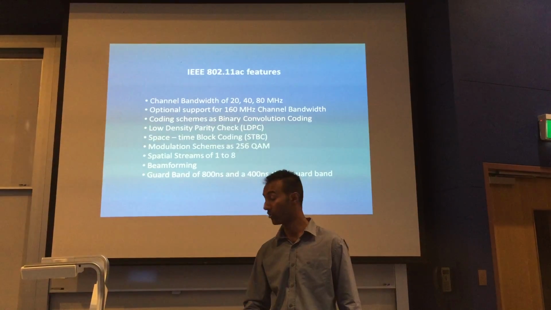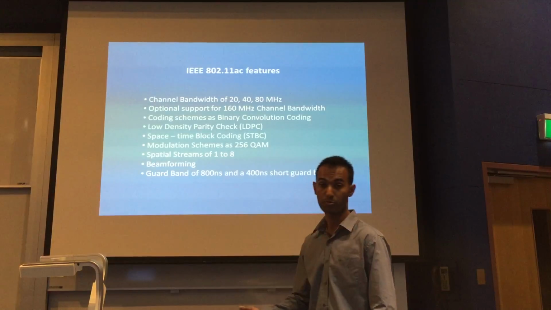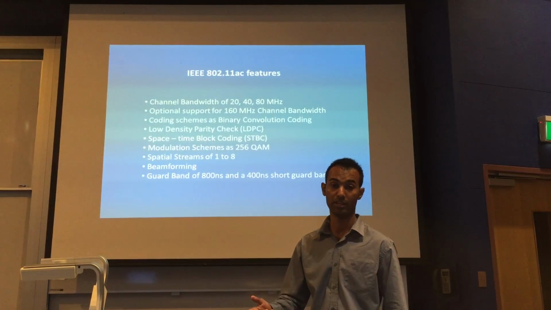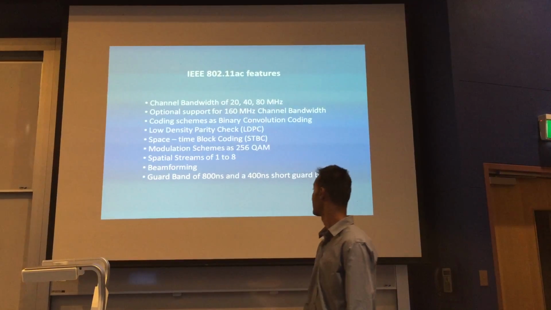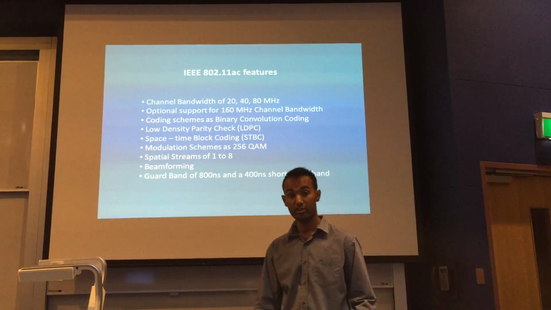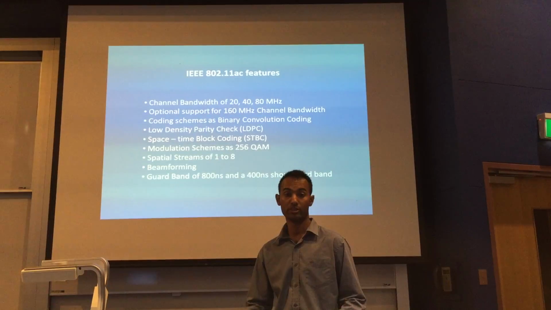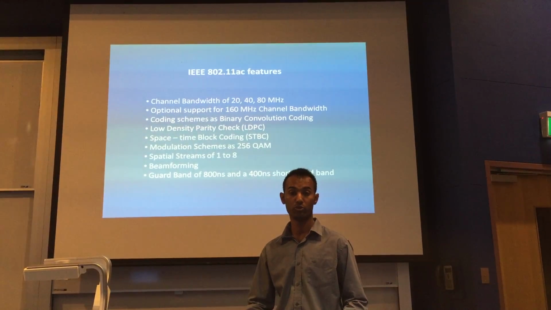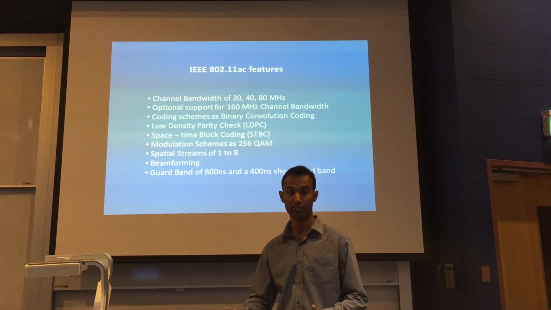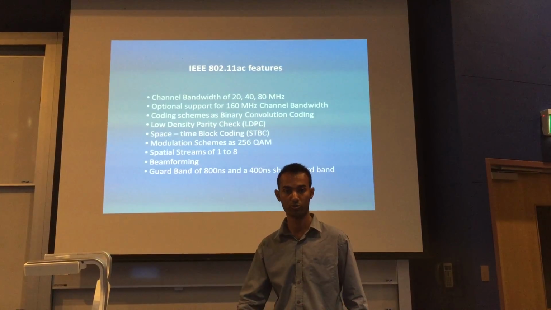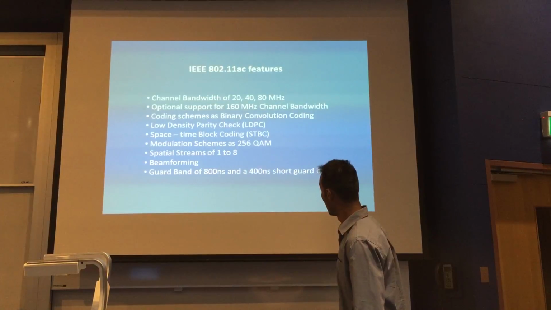It also provides an optional feature of 160 megahertz channel bandwidth. The channel coding scheme used in it is binary convolution coding, which is the main coding scheme used in 802.11 AC.